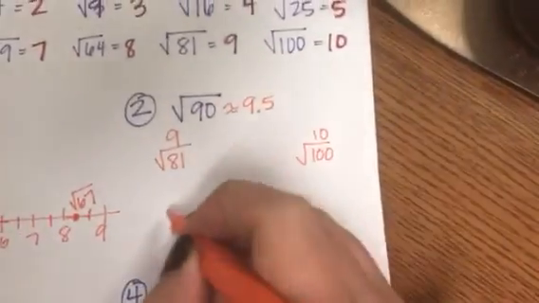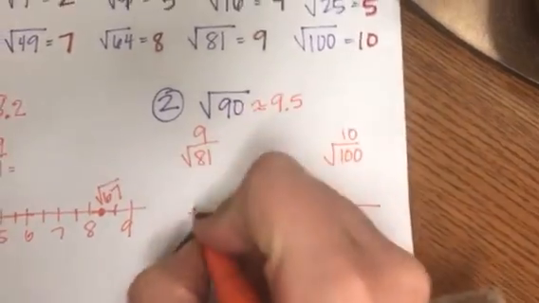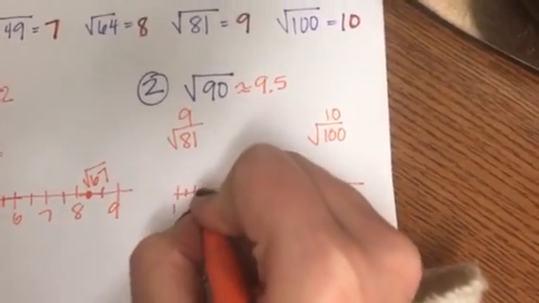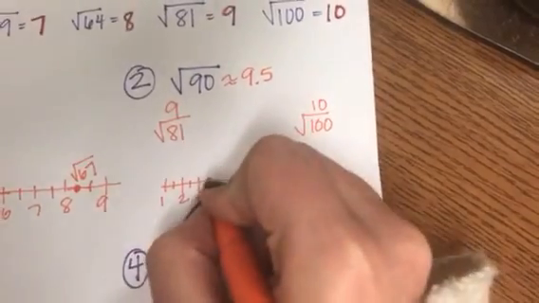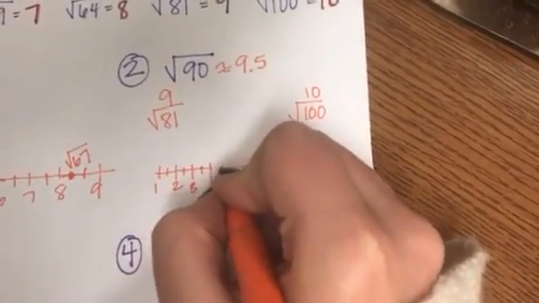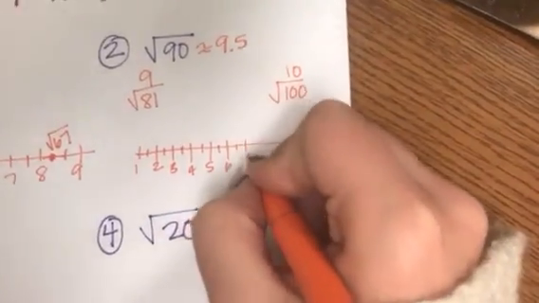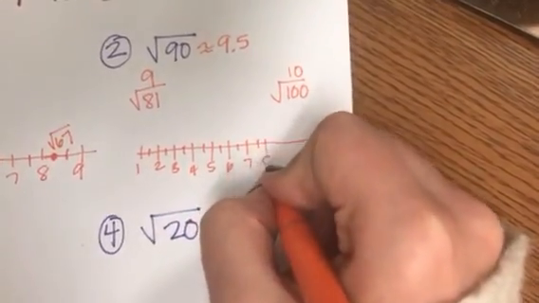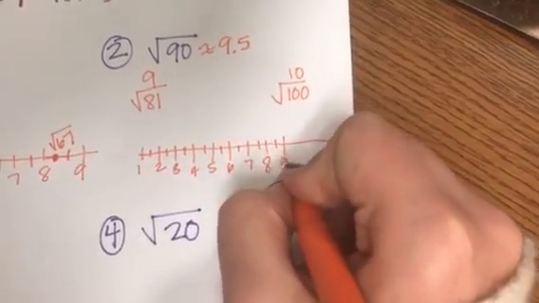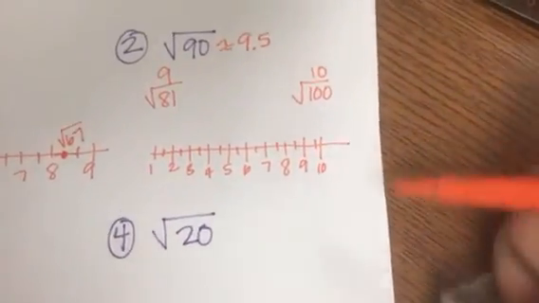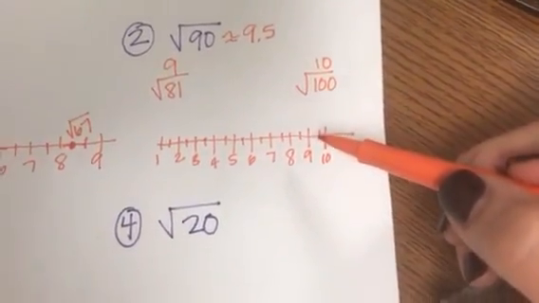So if we were to graph this, say we have 1, 1.5, 2, 2.5, 3, 3.5, 4, and so on. Sorry, that's not a very good halfway, but that little tick mark in the middle is supposed to be a halfway point.